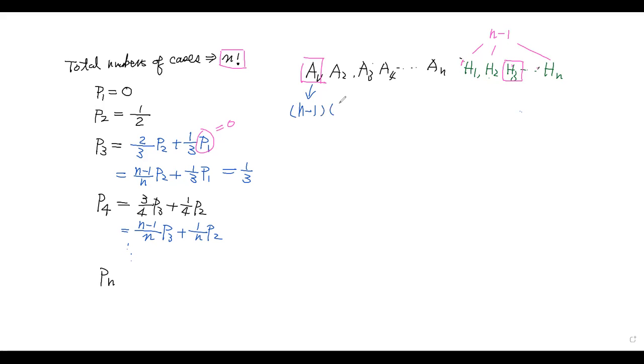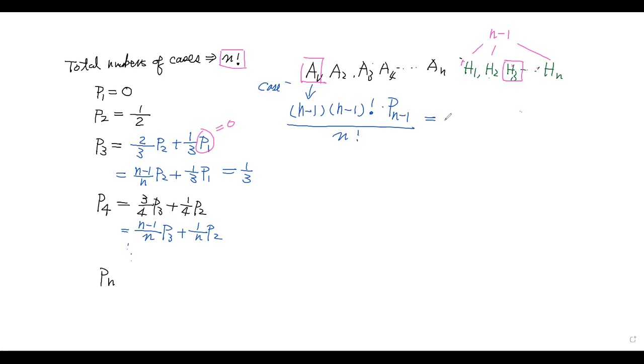All these n minus 1 different situations, they're going to do the same, right? So it's n minus 1 probability over n factorial. So this is my case 1 here.